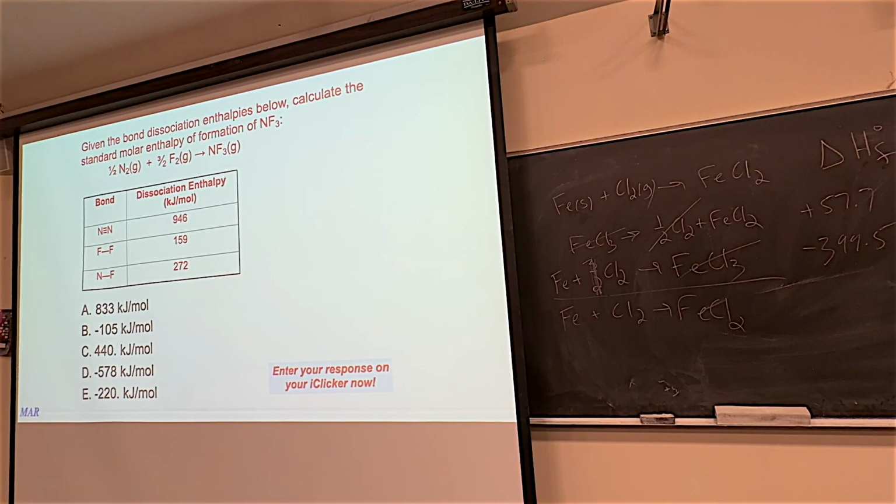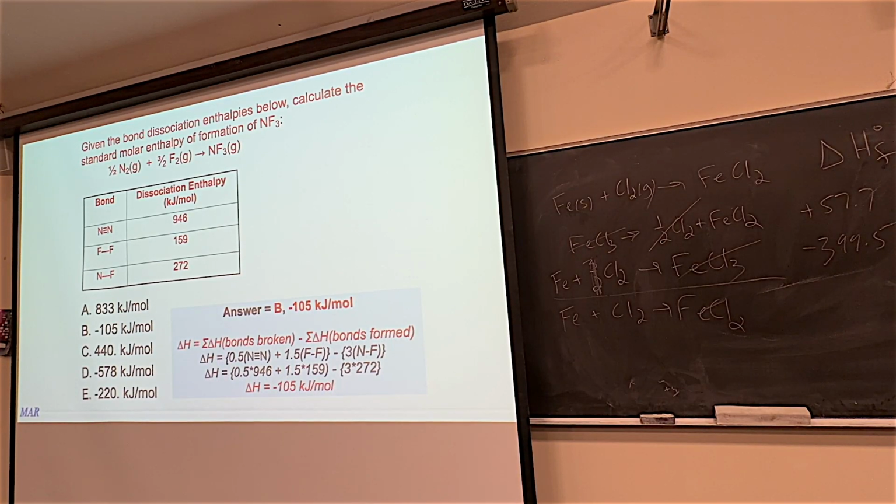You can probably see there's not 1, not 2, but 3 NF bonds. So bonds broken minus bonds formed: 1/2 of the N2 plus 3/2 times FF, minus bonds formed, minus the bonds of product, 3 NFs, minus 105 kilojoules. Okay. Questions?